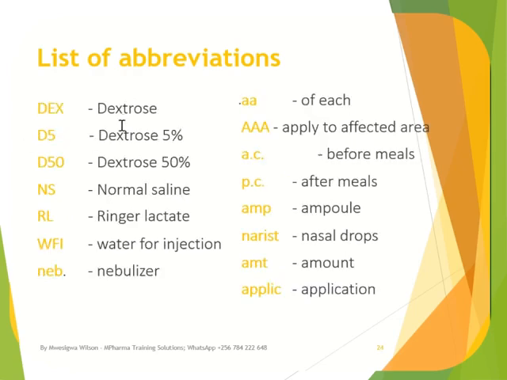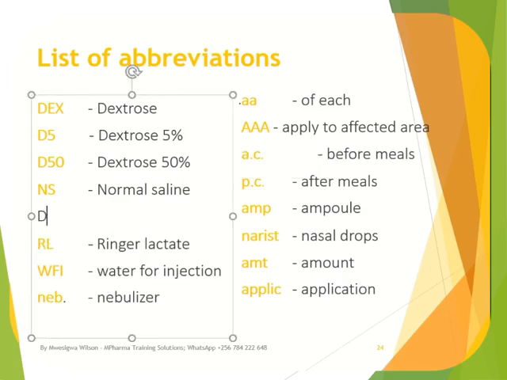This is dextrose. Dextrose 5%, D5; D50, dextrose 50%. Normal saline. Sometimes we have dextrose 5% in normal saline, or dextrose 50% in normal saline: D50NS or D5NS, all these could be there.